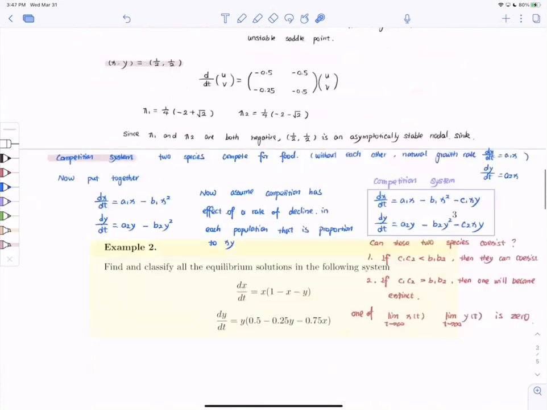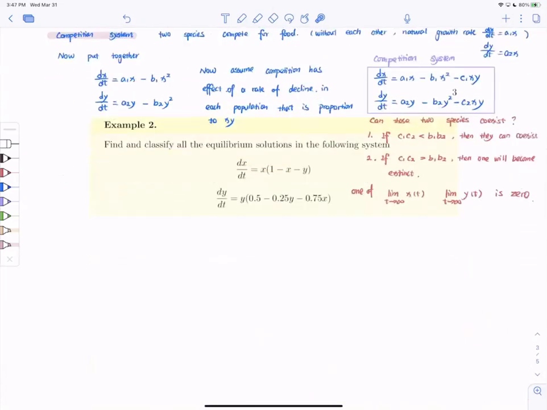My question is, look at example 2 and tell me, can they coexist or not? There are 4 equilibrium points.